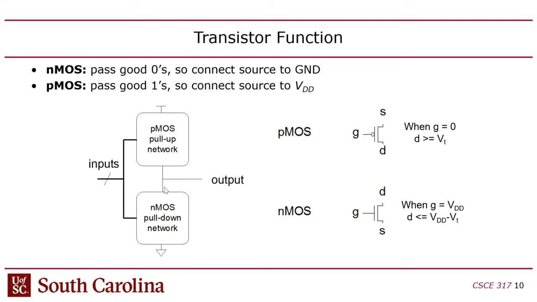Now you might ask, why is the PMOS in the pull-up and the NMOS in the pull-down? Well, it's not hard to figure out if you think back to what I said. The gate voltage, and the capacitance and accumulating charge on the gate and its ability to serve as a capacitor, is really what determines the functionality of these transistors.